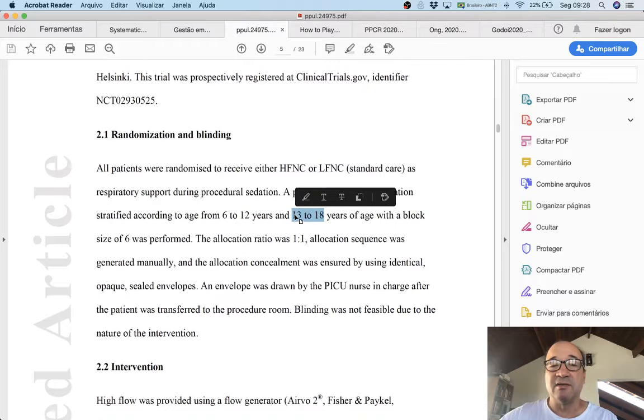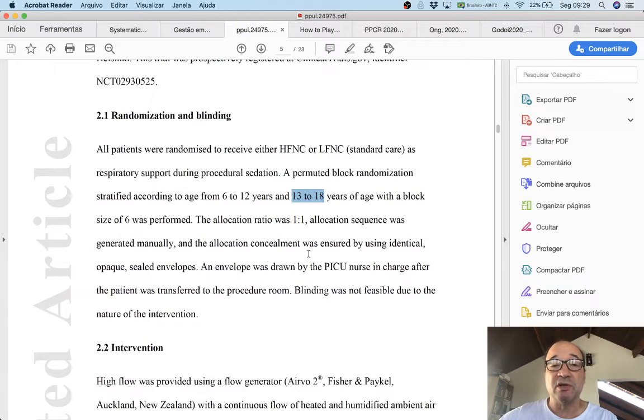They were adolescents here, and they did blocks of 6 subjects. The allocation ratio was 1:1, and the allocation sequence was generated manually, and the allocation concealment was ensured by using identical opaque sealed envelopes.